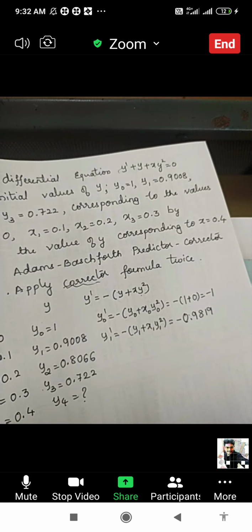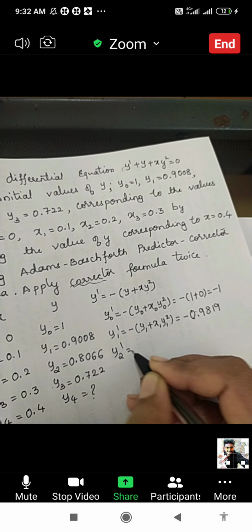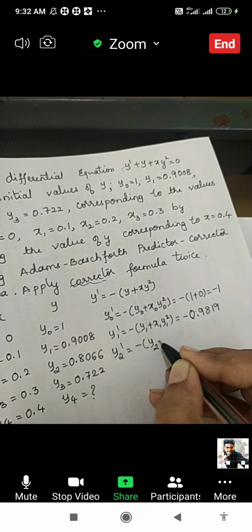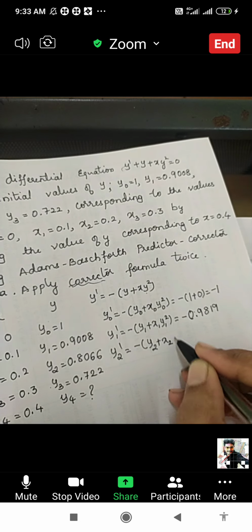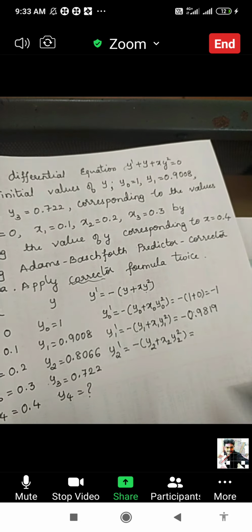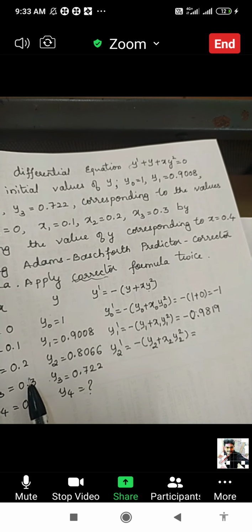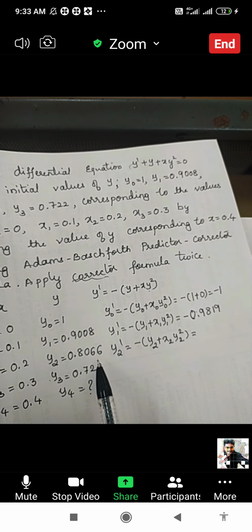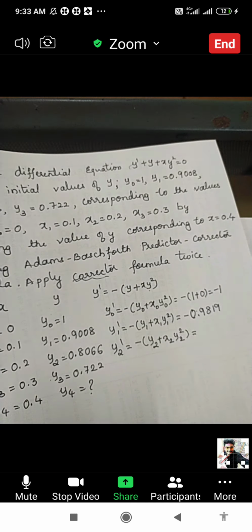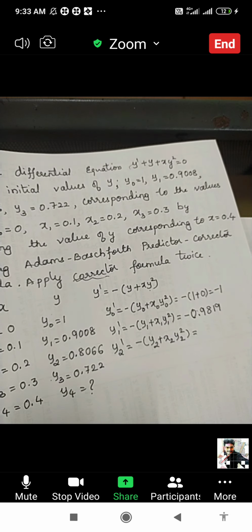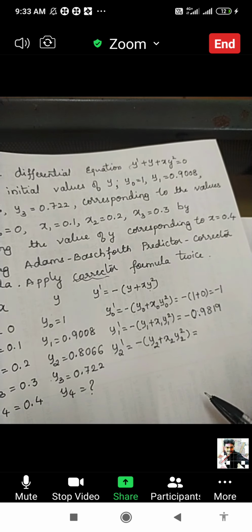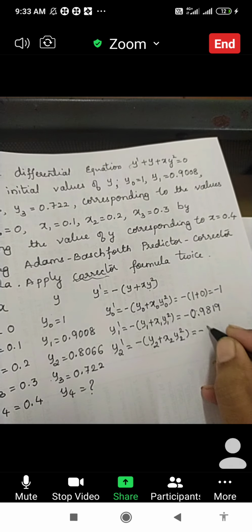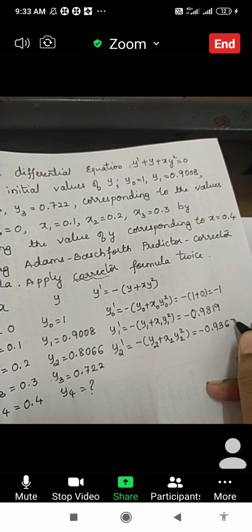Okay. Similarly, y2 dash, it is minus of y2 plus x2 into y2 square. Again, use the value of x2 as 0.2, y2 as 0.8066 and tell me what you will get. Okay, good.